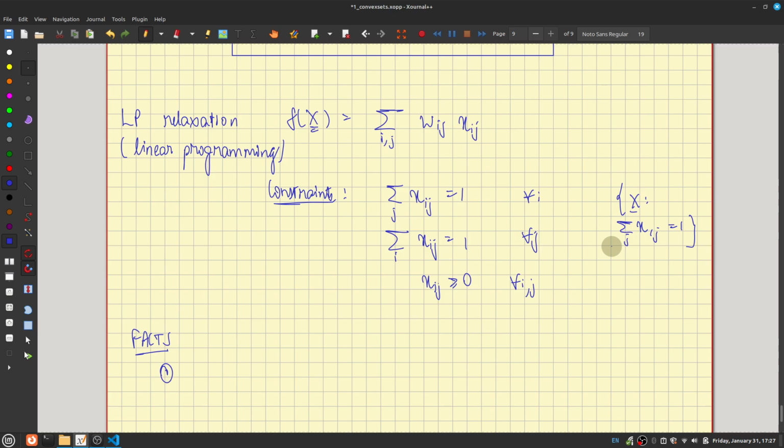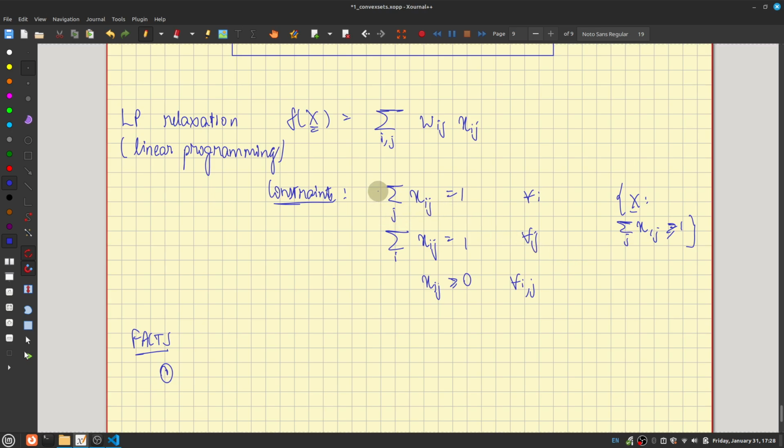Yeah, it's a hyperplane, right? So this just defines a hyperplane. If I said that this is greater than or equal to 1, what would this define? Half space. So if I also set the constraint that it should be less than or equal to 1, then that would give me the hyperplane, right?